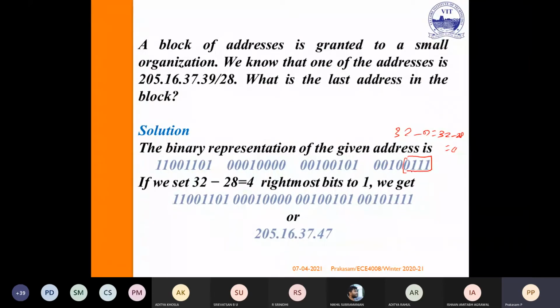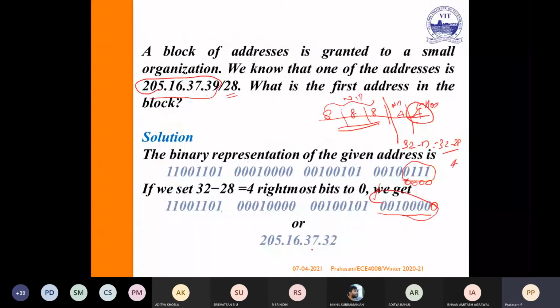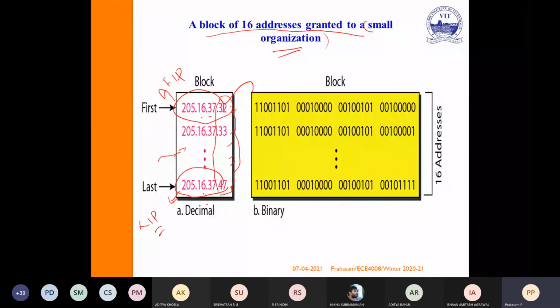Replace them with 1111 in the given IP address. Now convert this into dotted decimal: 205, 16, 37, and the decimal for this binary is 47. So 205.16.37.47 is the last IP address.